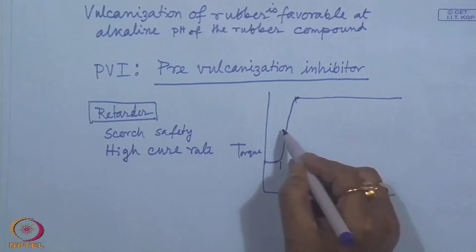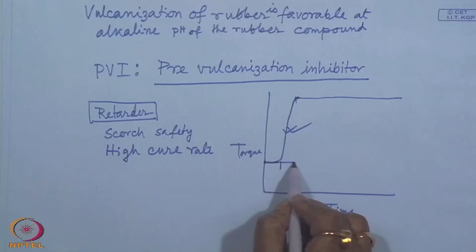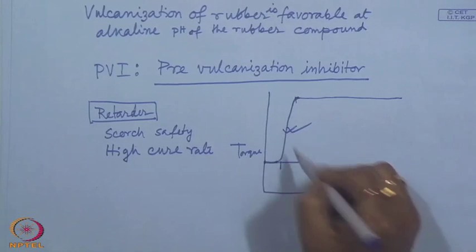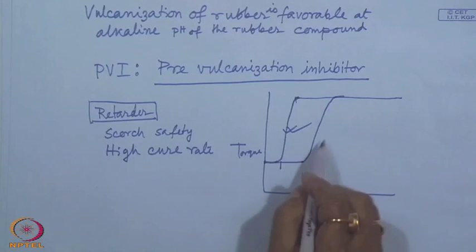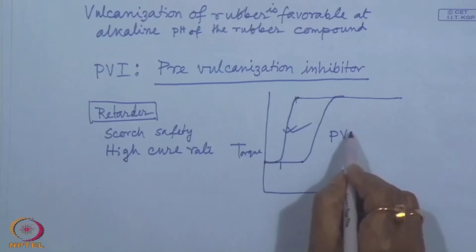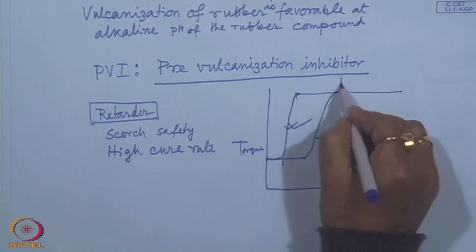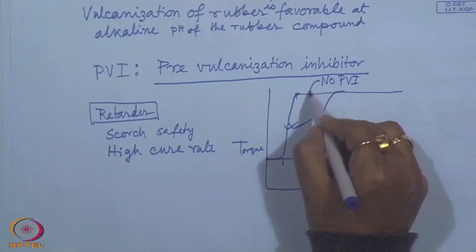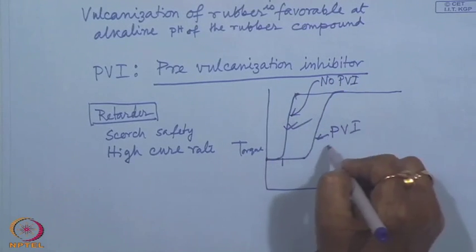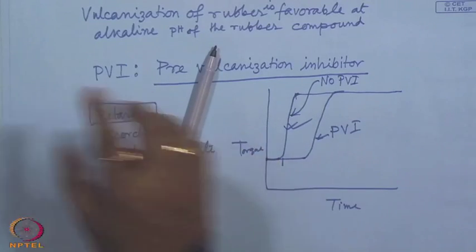That means this is maintained, but the start can be delayed this way. So instead of this curve, one can get this kind of curve if some PVI is used. Here there is no PVI in this case, and in this case there is PVI. So this kind of characteristic can be obtained if some pre-vulcanization inhibitor is used.